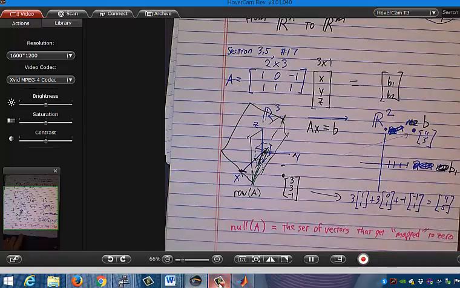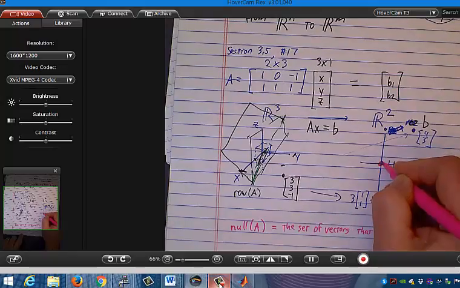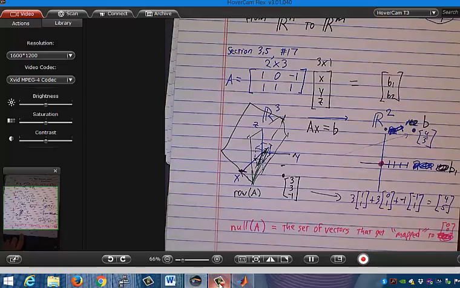When I say 0, I really mean the 0 vector. Guys with me?